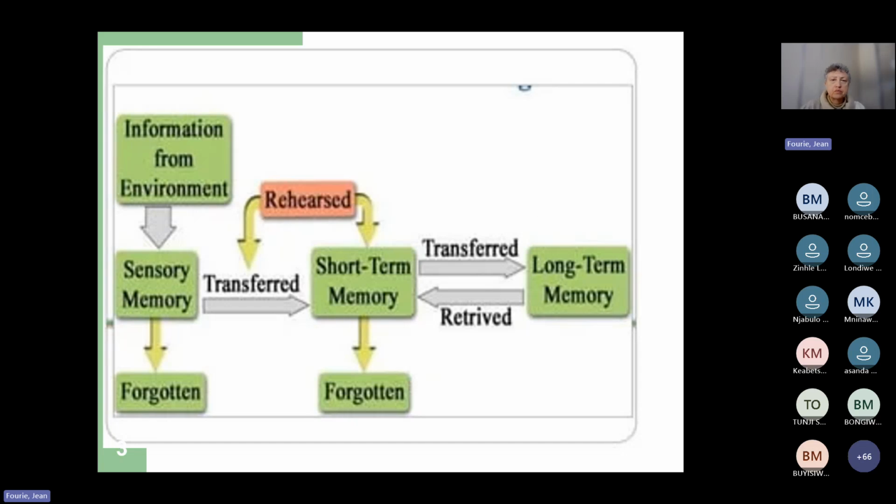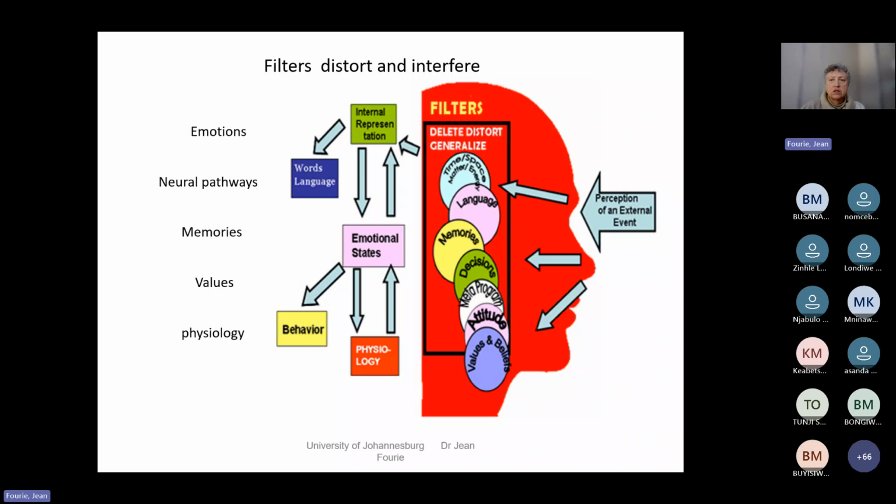So remember that this information that we are receiving is being filtered and distorted and interfered with at various different stages in this model. So here is a diagram explaining some of the filters and distortions that are taking place.